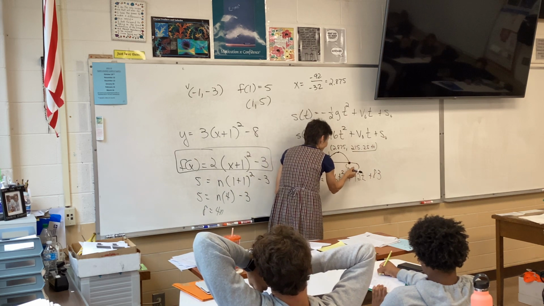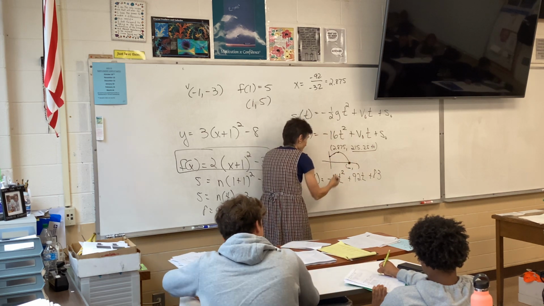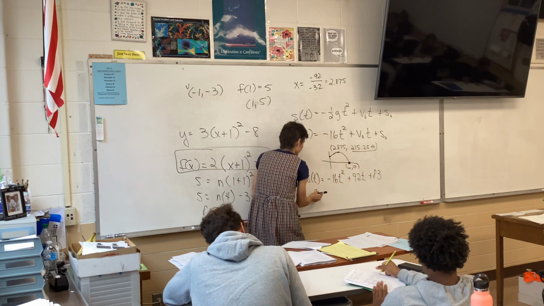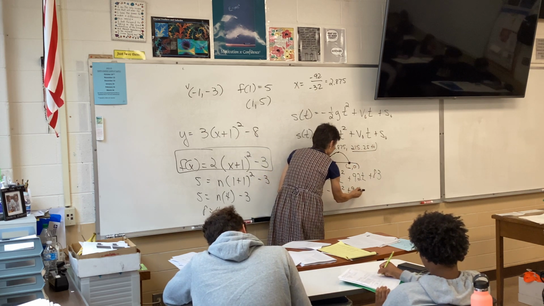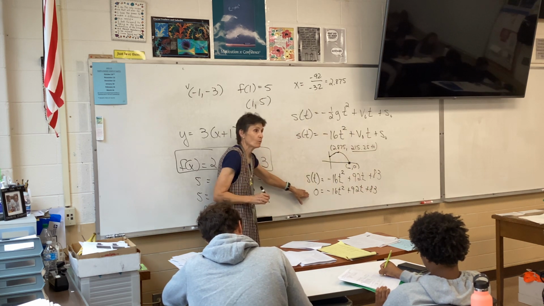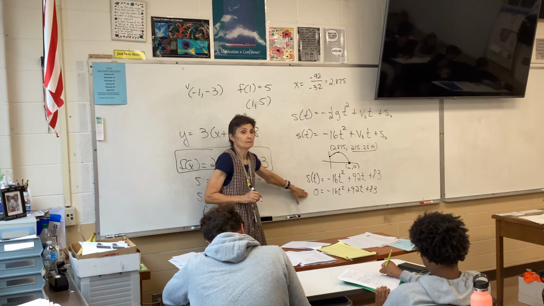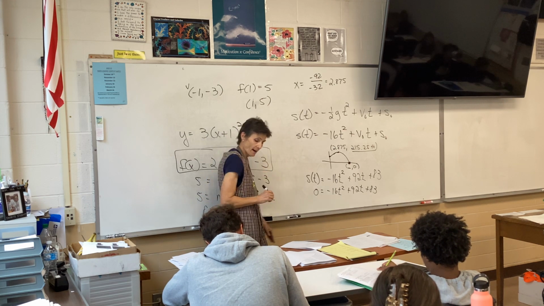Because won't that x coordinate be how long the ball's in the air? And in order to do that, I have to let y be 0. So I need to solve that equation. How will I do that?